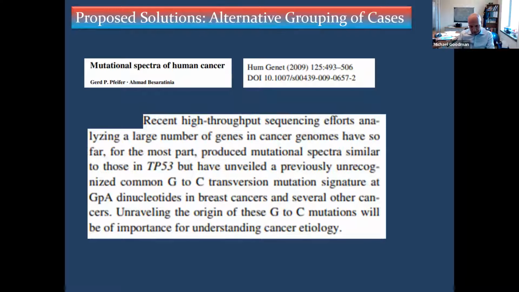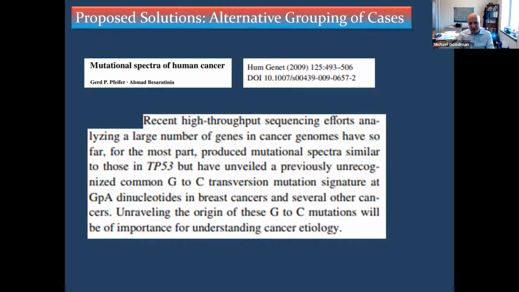Grouping of cancers. So this is just one example. We know that there are specific genetic loci that transcribe specific proteins that have important role as cancer suppressors or oncogenes, and so mutations in those sites may produce a variety of cancers. So this is just one example of a G2C transversion mutation of TP53, which is a very well-known cancer-related gene.